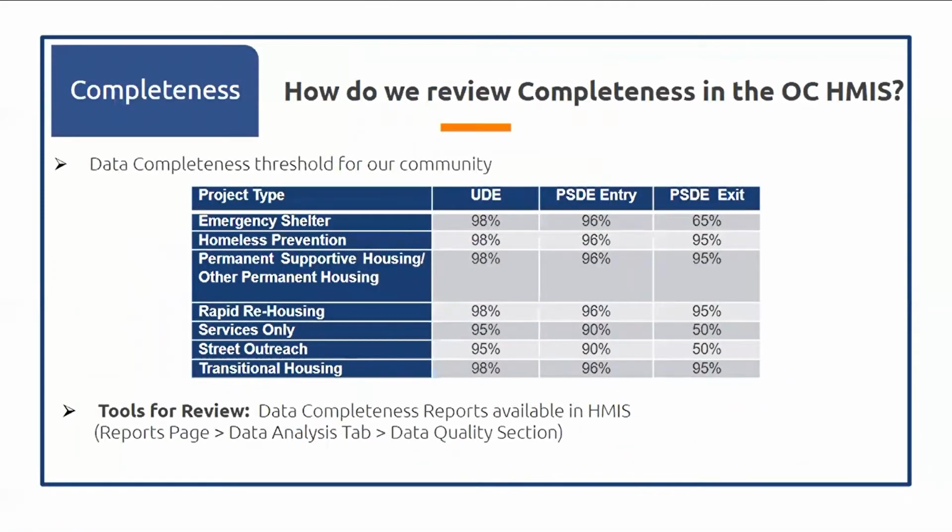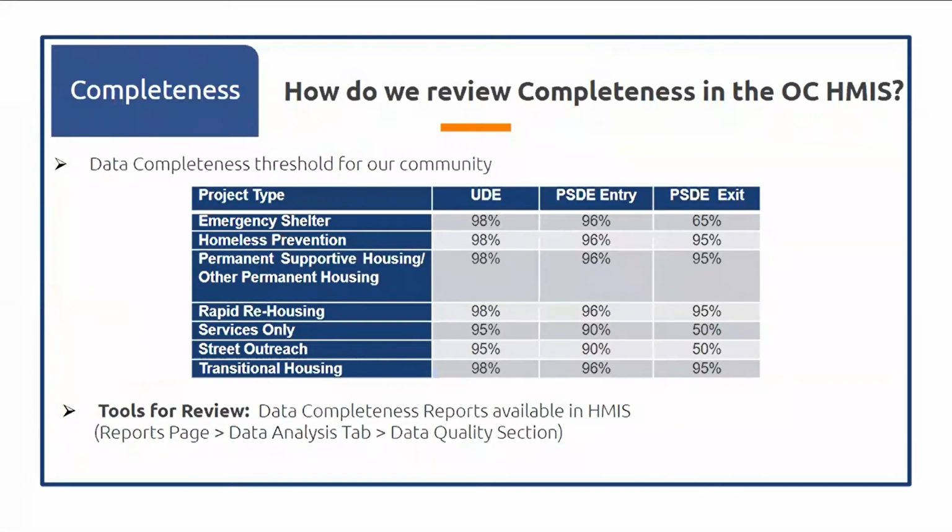And how do we review completeness in our system? The first thing to consider here, which is very important, is that we have some thresholds in our community for completeness of our data. These thresholds depend on the project type and also the data element type, as you can see here in this chart. By data element type, I mean whether the question is related to the universal data elements, the program-specific data elements at entry, or the program-specific data elements at exit.